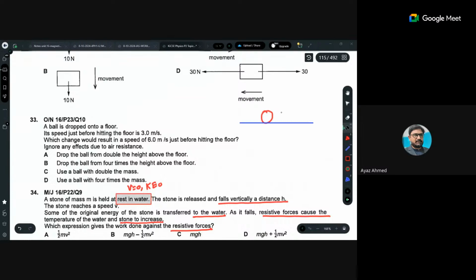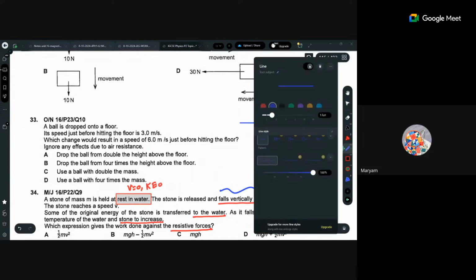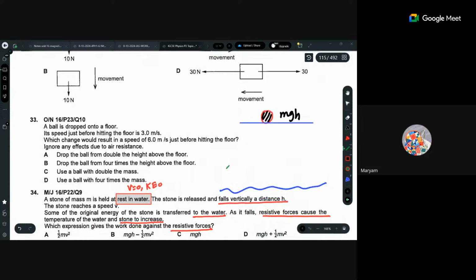Here it has all of its energy as mgh. It is at a height from this deck of the water, so its kinetic energy is zero here.